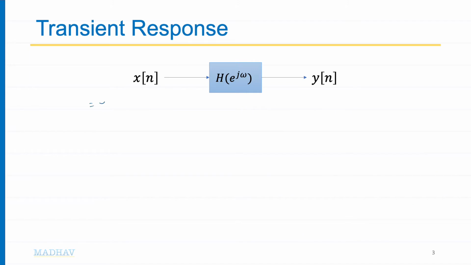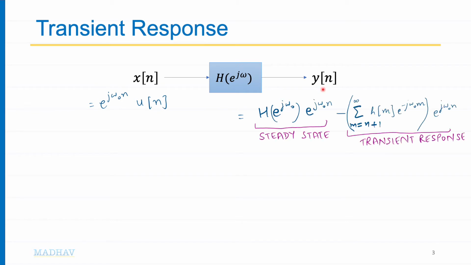Now let's summarize. We have my input with a finite start time, and then this is my steady state response, and this is my transient response.